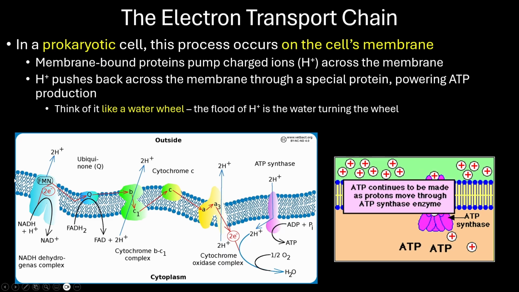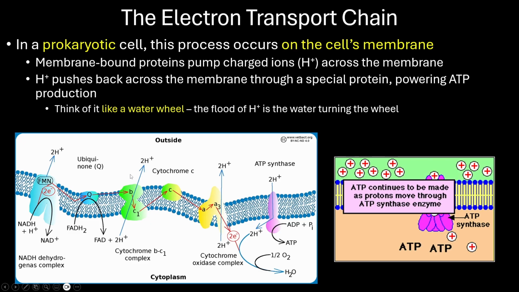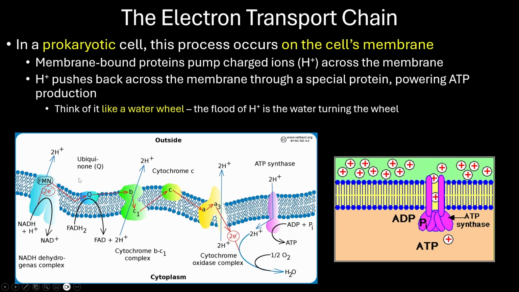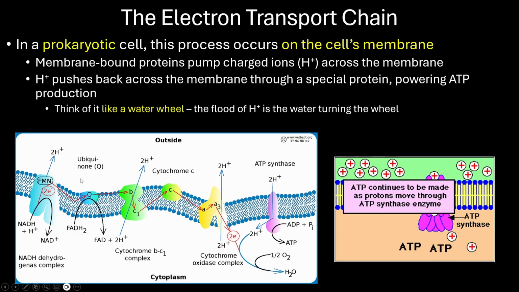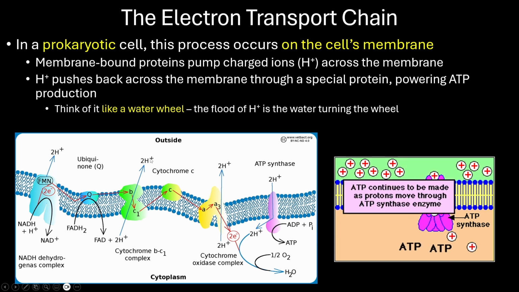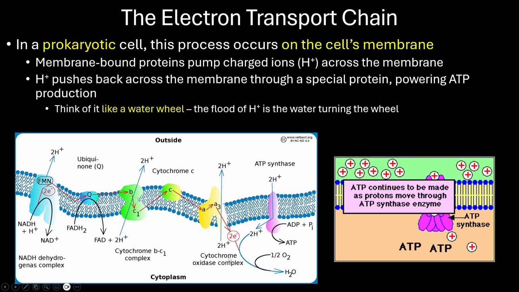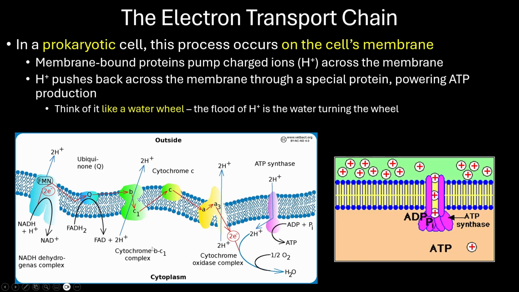Out here, there's a high concentration of these hydrogen ions. Nothing really likes being stuck at high concentration for a long time. So what hydrogen wants to do is diffuse to a place that has a lower concentration, and inside the cell has a lower concentration.